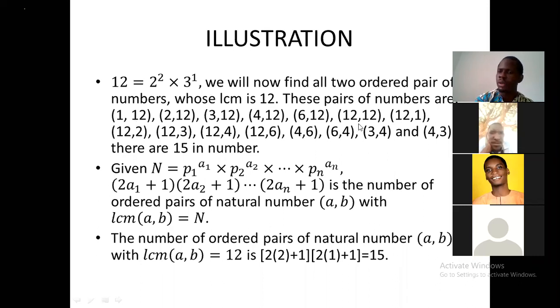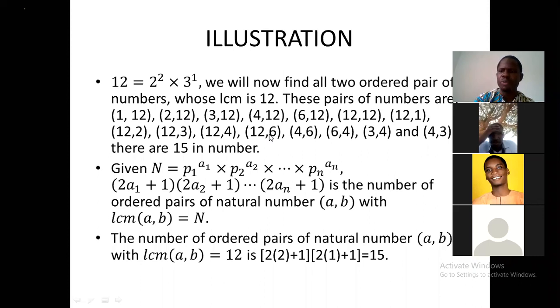Because we are saying ordered pair, (6, 12) and (12, 6) are two different pairs. (12, 12) we can't repeat. So we also have (12, 1), (12, 2), (12, 3), (12, 4), (12, 6) as well. So far we've listed all the pairs that have 12 in them.